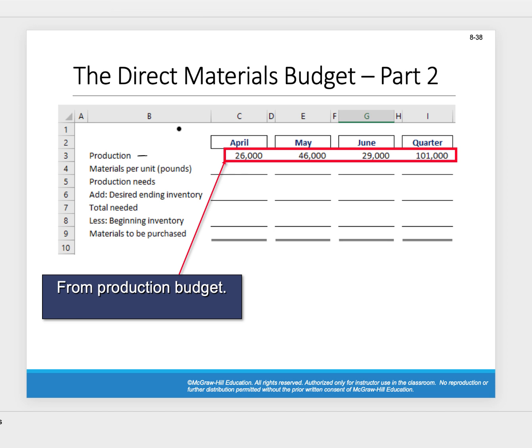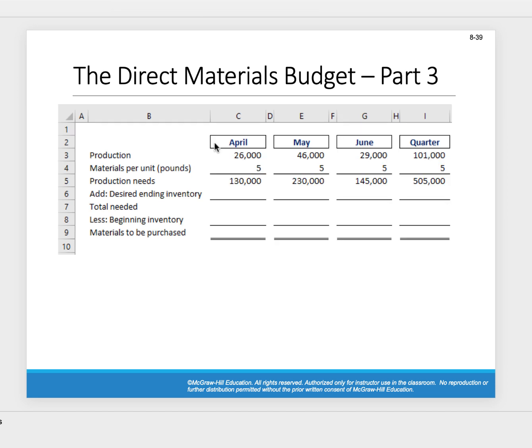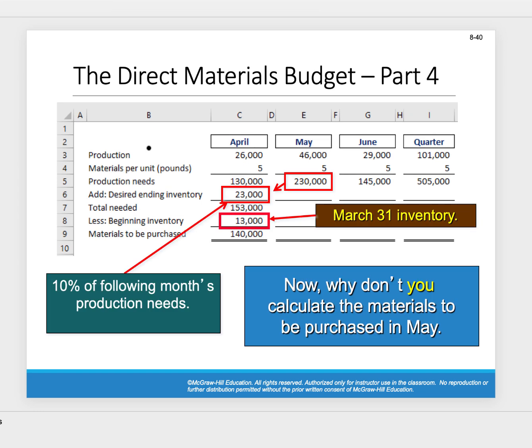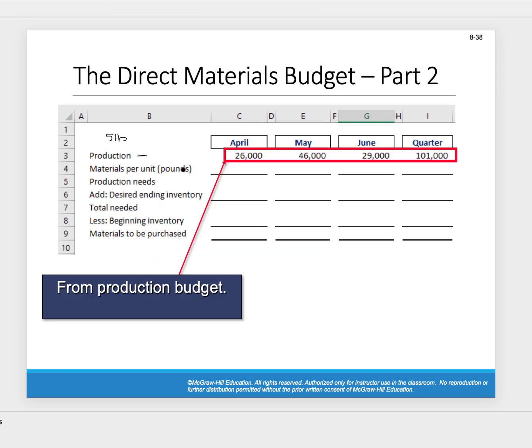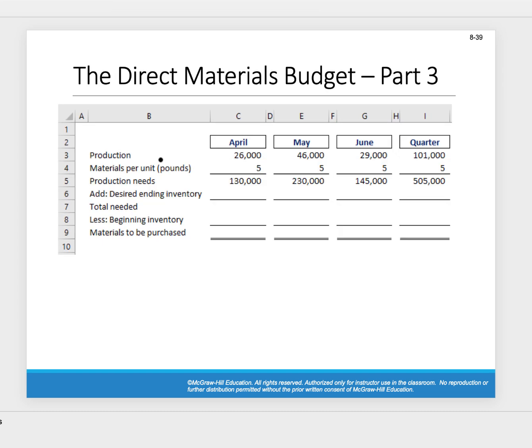We know that there's 5 pounds of material that go into making 1. So we multiply the production, this is units here, times how much material is needed per unit.